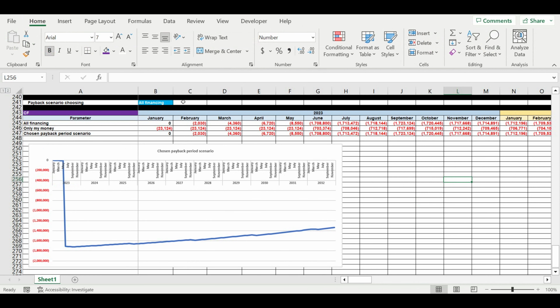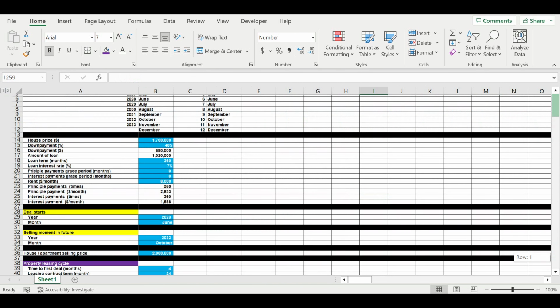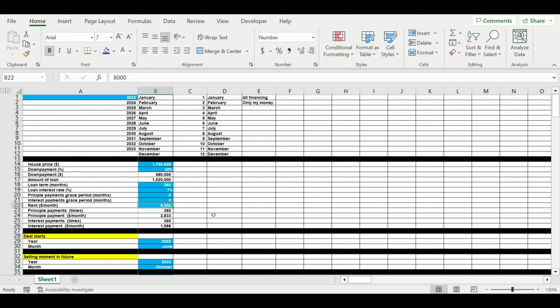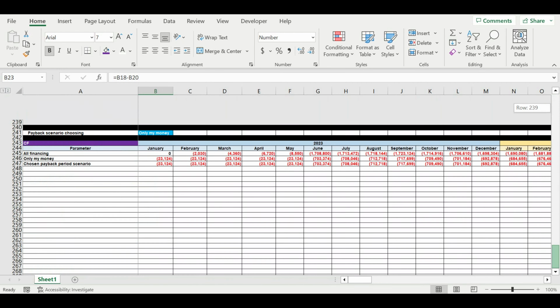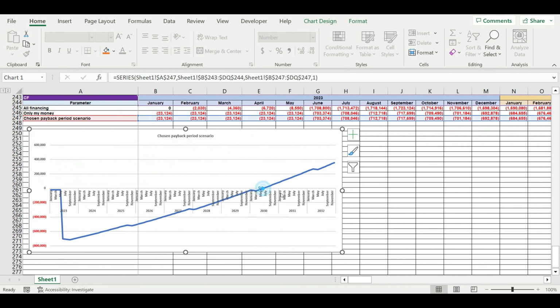If we would like to see only my financing, so this will be a bit better. So we can, for example, go up and increase the amount of rent, just for example. We can see now that the payback occurs here.